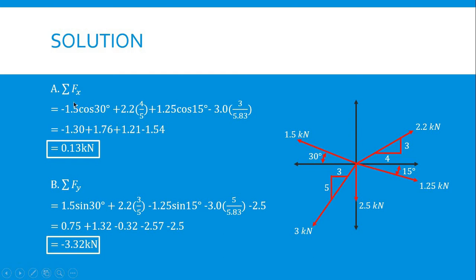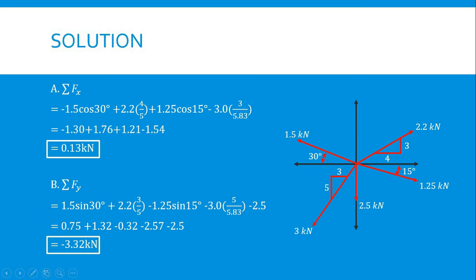By solving this, we get negative 1.30 plus 1.76 plus 1.21 minus 1.54. So the total for this is 0.13 kilonewton.